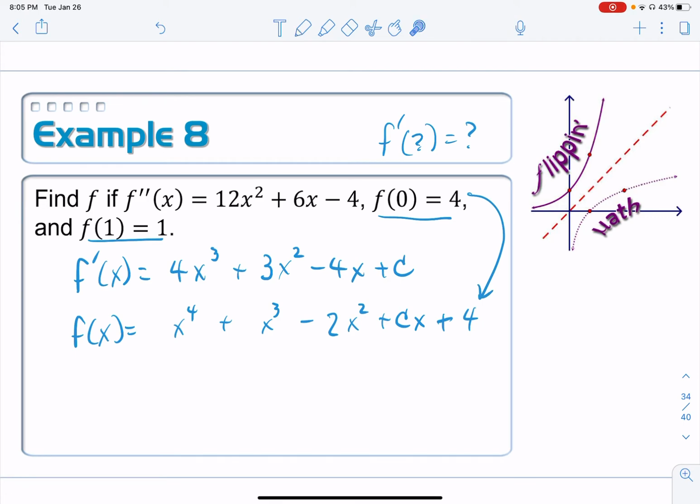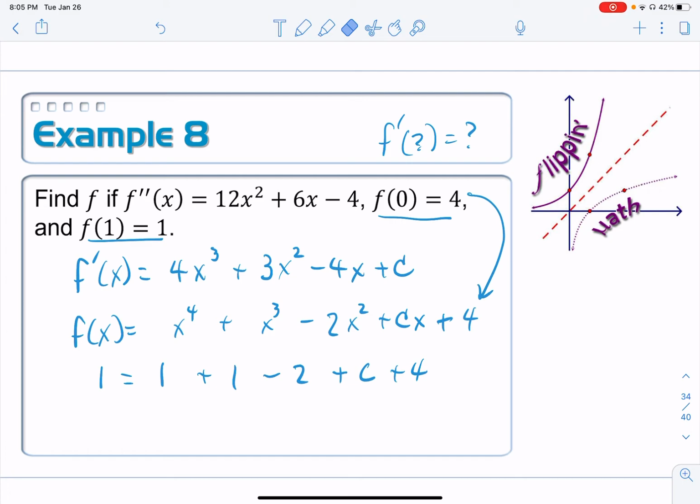Now we'll plug in a 1 for all of our x's. Boop, boop, boop, boop. And set the whole thing equal to 1. This one I might have to write some stuff down. So 1 to the fourth plus 1 to the third minus 2 times 1 plus c times 1 plus 4.